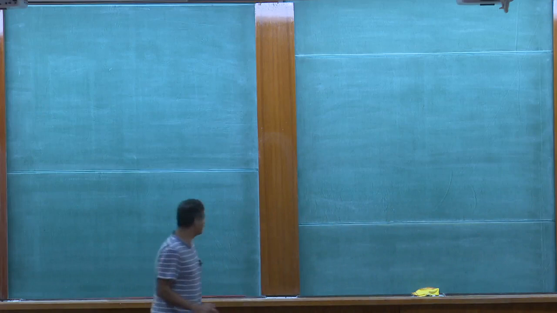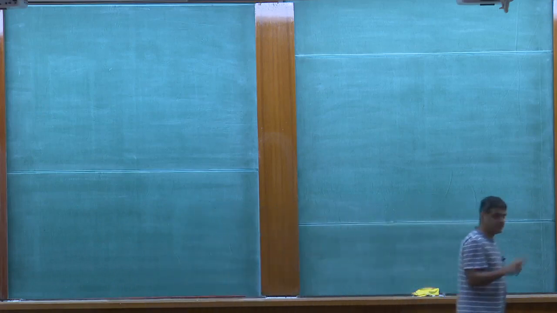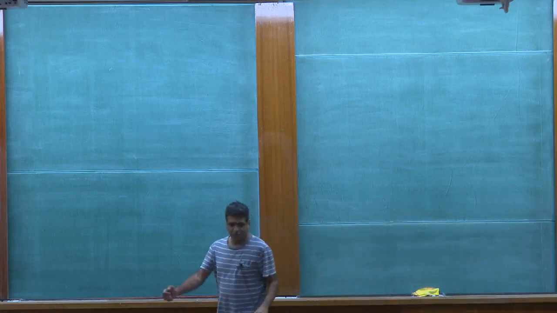But before that, I wanted to take a small diversion to address a question that Shoaib asked me yesterday, and it turns out it will also be relevant to today's lecture. Shoaib asked me the following question.